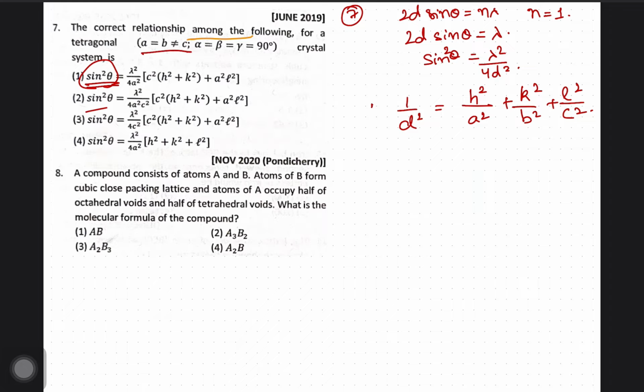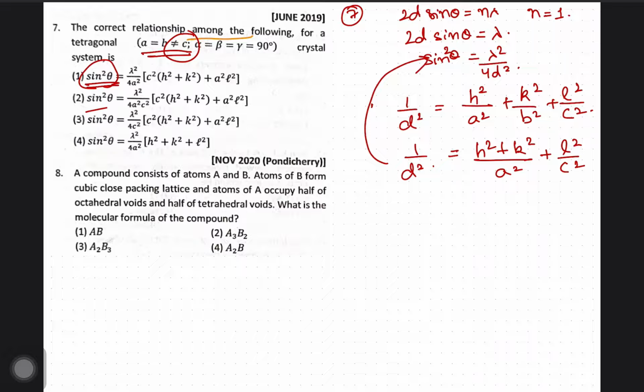Now we know that in tetragonal, 2 are equal and 1 is not equal, so we will assume a is equal to b, okay, and c is not. So here we'll get (h square plus k square) upon a square plus l square upon c square, equal to 1 upon d square. So we'll put this value over here, or you can further solve it, like 1 upon d square will be equal to (c square (h square plus k square) plus a square l square) upon a square c square.